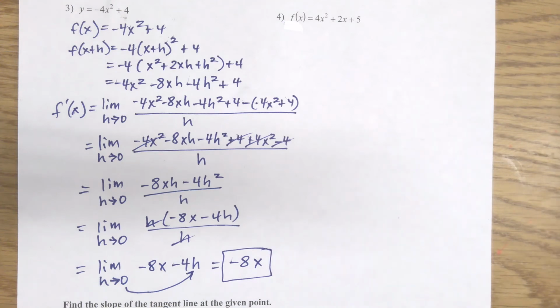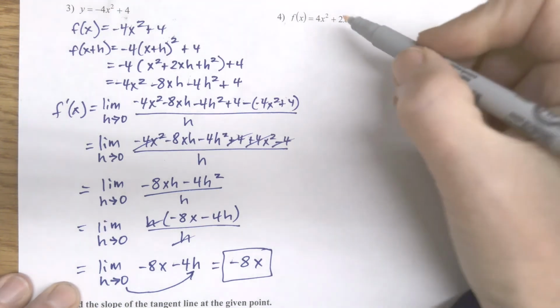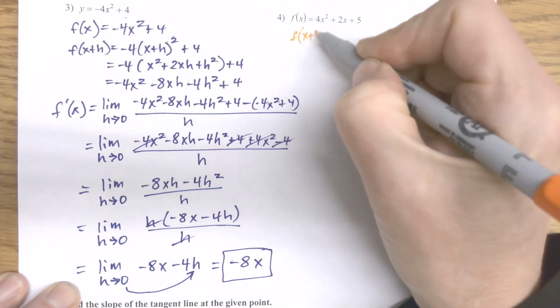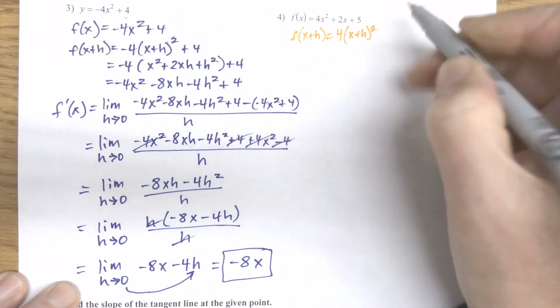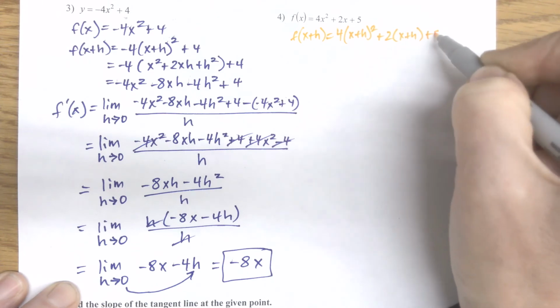So number 4, I'm just going to get started on number 4, and then I'm going to let you guys kind of work through it on your own, see if you can do it. But number 4 has an extra x in there, so when you do your f of x plus h, you have to do the 4 times (x plus h) squared plus the 2 times (x plus h) plus 5.